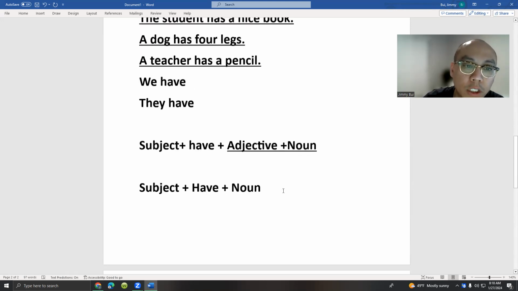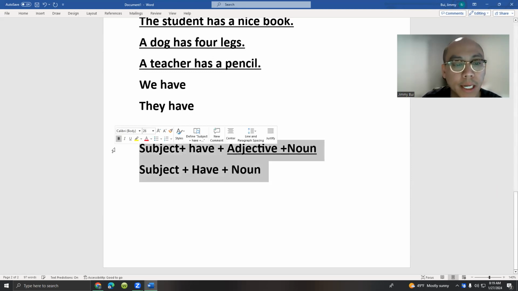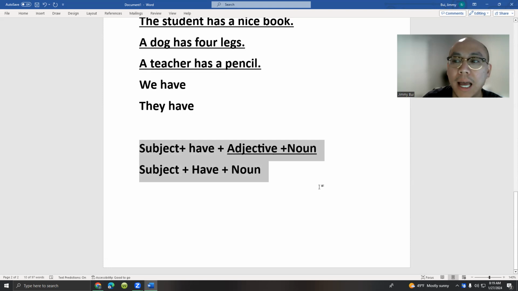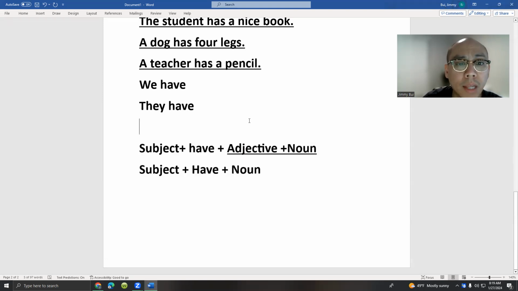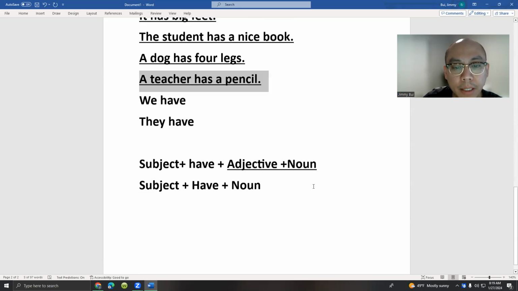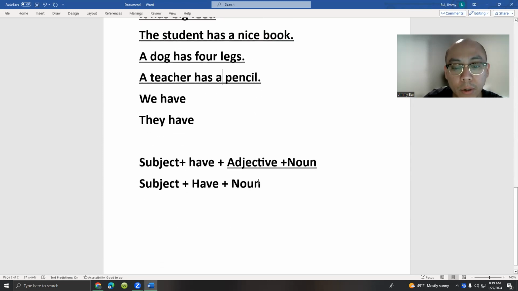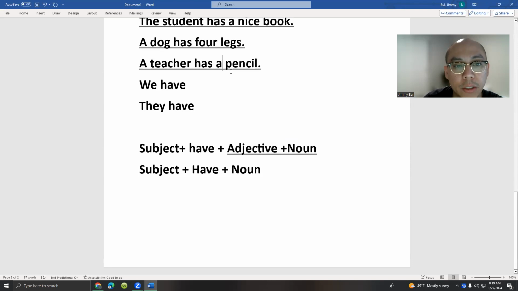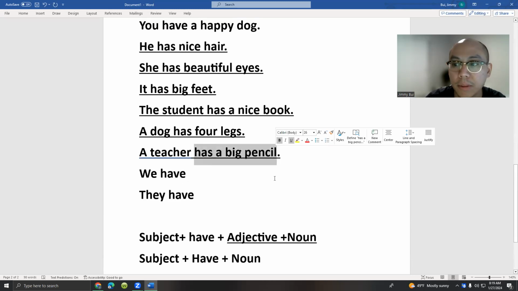If this was math, which it's not, but a formula, so to say: subject, have, adjective, noun; subject, have, noun, right? And in some of these, a teacher has a pencil. That is subject, have, noun. If I wanted to expand and add more information, a teacher has a big pencil. That's more information, the adjective, about the noun.